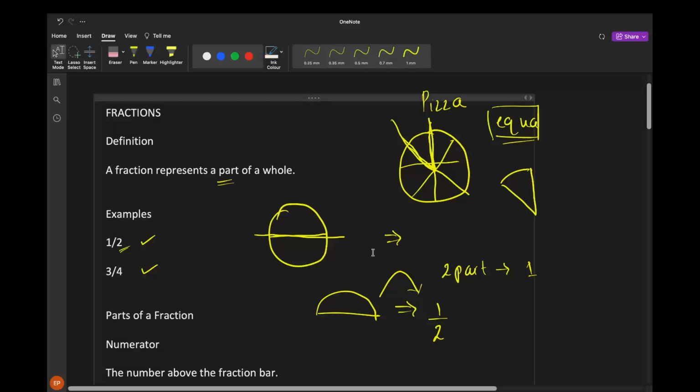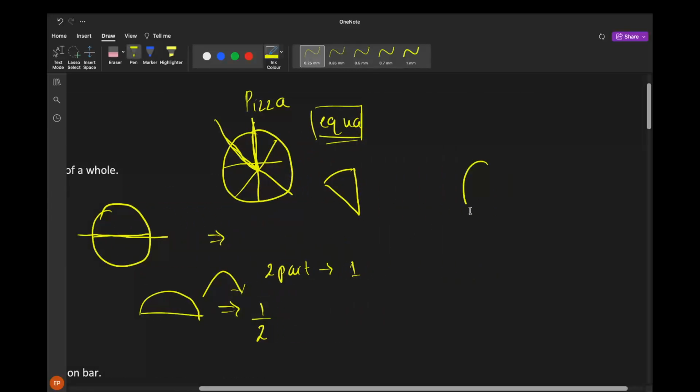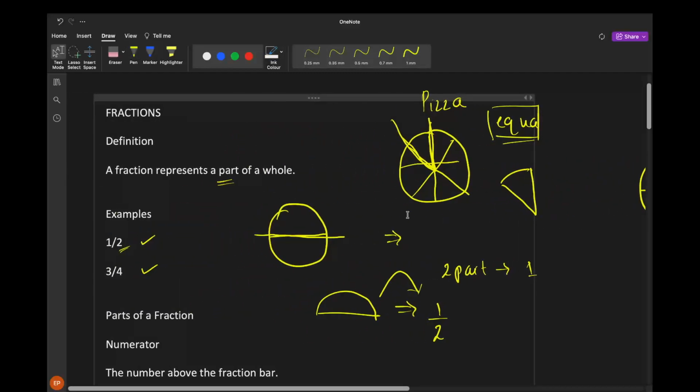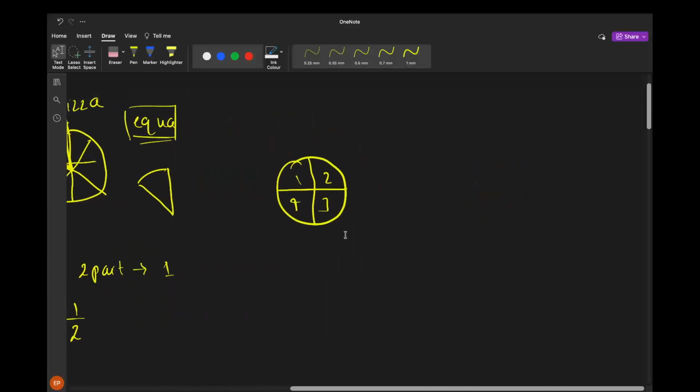What about 3 by 4? It means initially the pizza was full and we divided it into 4 equal parts. These are 4 equal parts, right? 1, 2, 3, 4. So here I wrote 3 by 4. 3 by 4 means we divided into 4 equal parts, and in that I am taking 3 pieces.